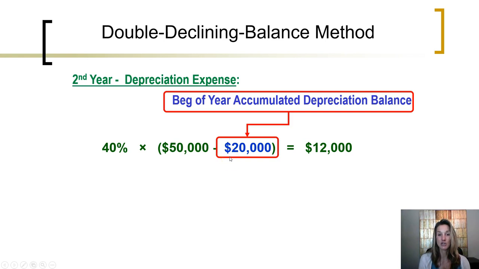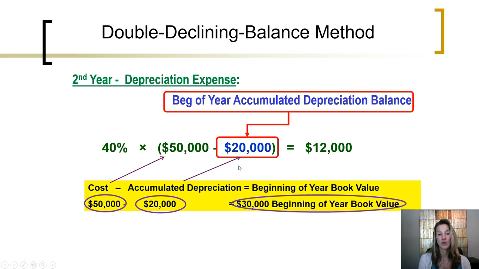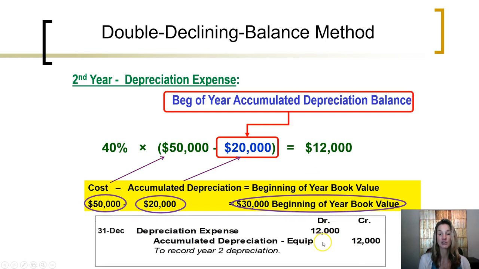We started year two with accumulated depreciation of $20,000, which was year one's depreciation expense, meaning the book value for year two started at $30,000. 40% times $30,000, year two's depreciation expense will be $12,000. Year two's journal entry, debit to depreciation expense, credit to accumulated depreciation for $12,000.